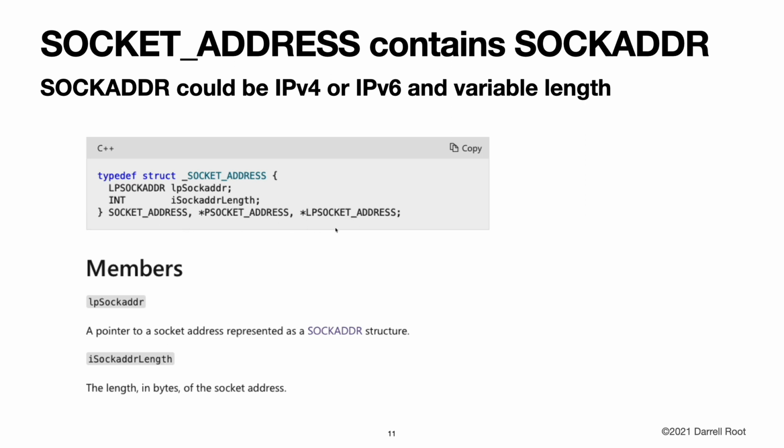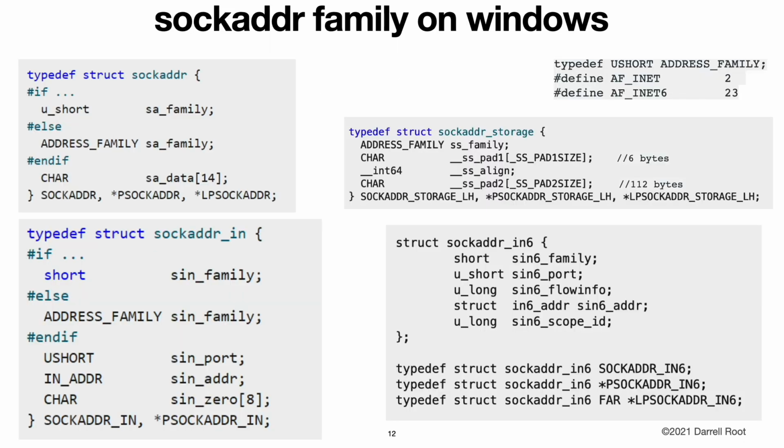And then inside it, we have an LPSOCKADDR, which is also a pointer to a socket address represented as a sockaddr data structure, which we'll see in a second. And then we have an integer indicating the sockaddr length, because the sockaddr data structure might be of different lengths.